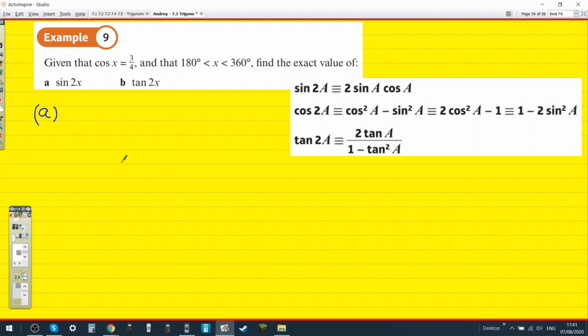So if I did x equals arc cos 3/4, I could do sine 2 times arc cos 3/4. Okay.